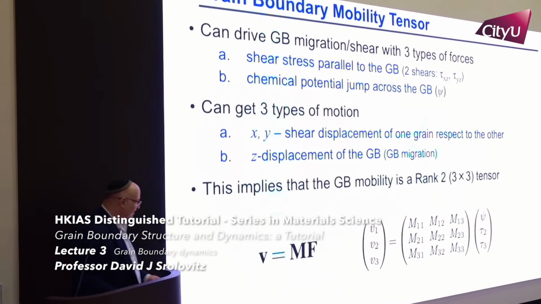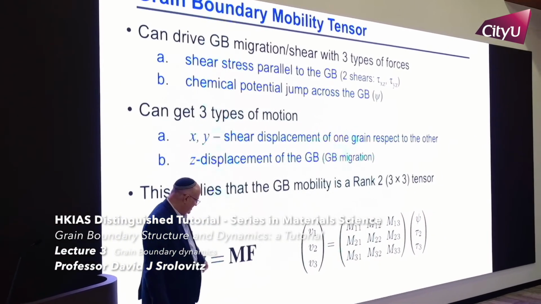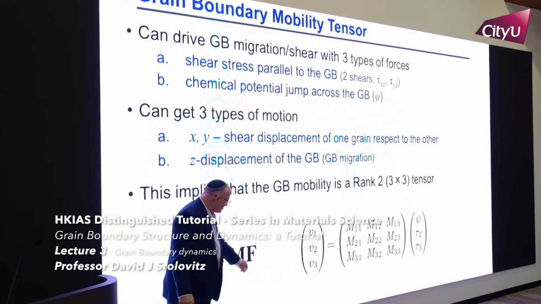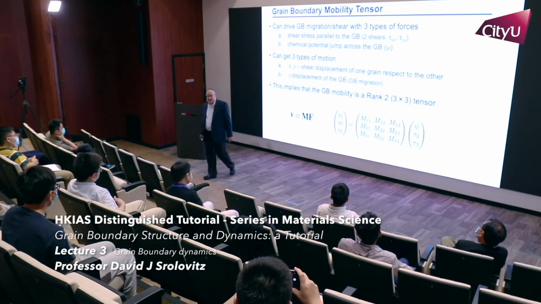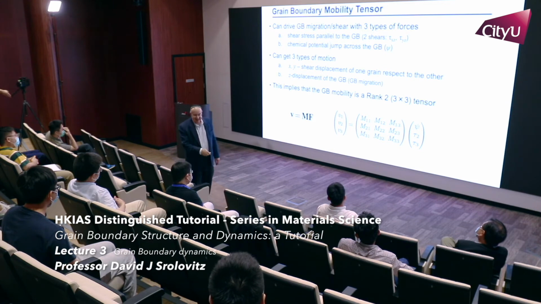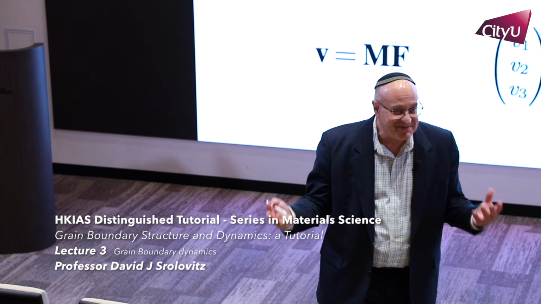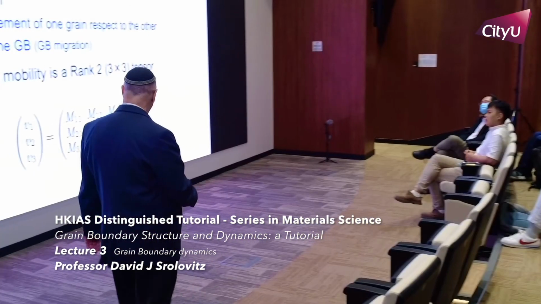So therefore, the grain boundary velocity is a vector. The force is a vector, so it must be related by a second-rank tensor. So the mobility is not a constant, it's a tensor. Right? It just comes out of the crystal, it just comes out of the geometry of nature.